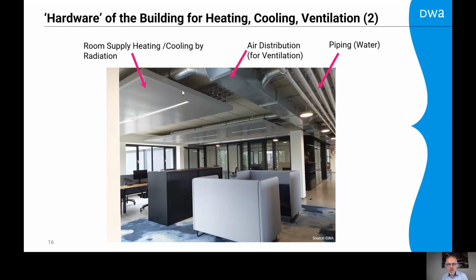Heating and cooling is delivered to the rooms by radiation panels. We see them here. The question is, how can we organize that these panels get hot water or cold water?